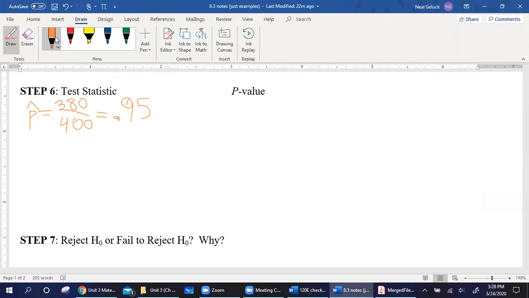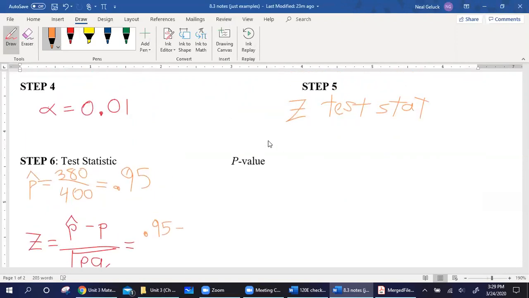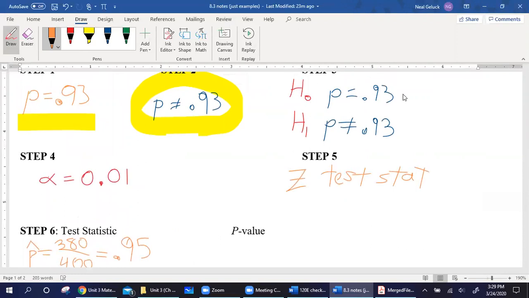Now that I've got p hat, I can figure out my Z test statistic, which again, this formula is in your packet. P hat minus P all over square root of P times Q all over N. So p hat, again, I just figured out that's 0.95, minus P, which is from my null hypothesis, 0.93.